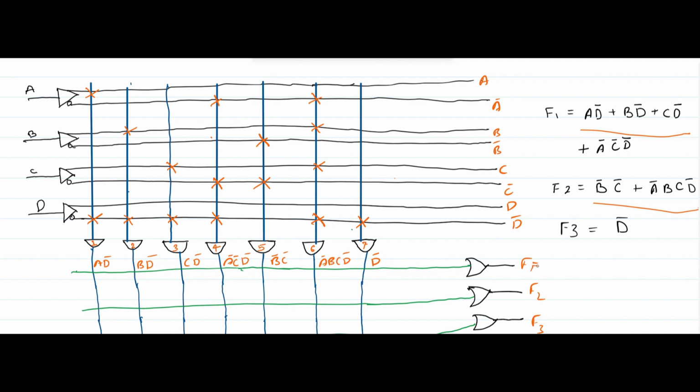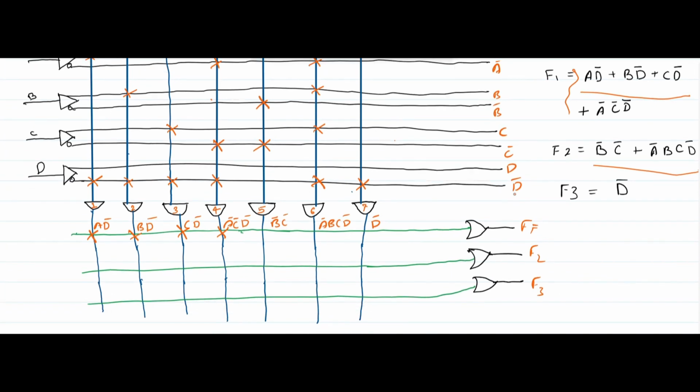Now f1 is nothing but a d bar plus b d bar plus c d bar plus a bar c bar d bar, like these four terms, right? So what I want from f1, I need these, and I will get the required f1.